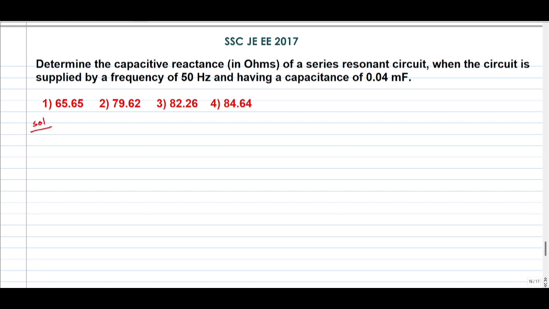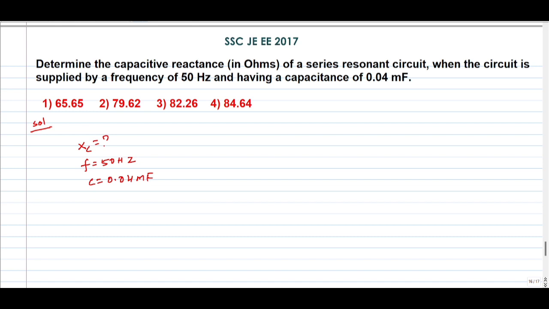Here we need to find the capacitive reactance Xc when the circuit is supplied with 50 Hz frequency and the capacitance is 0.04 millifarad. Okay, these are the given values.